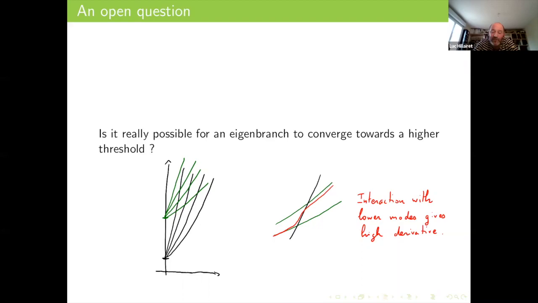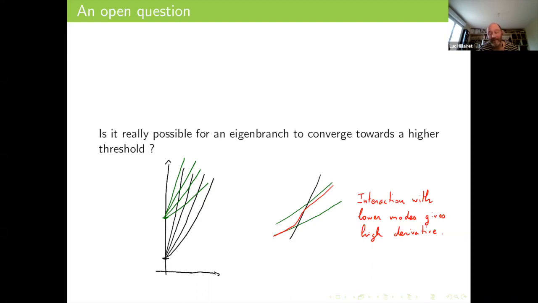Then it approaches a crossing and jumps from the green to the black, and when it approaches the other crossing, it jumps again from the black to the green. For the black eigenbranch, because you are near a non-critical energy level, the derivative is very high.